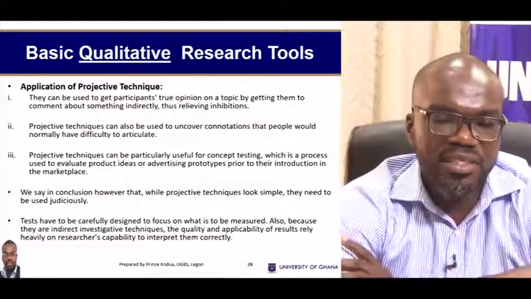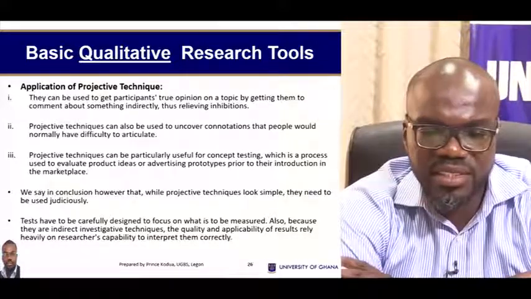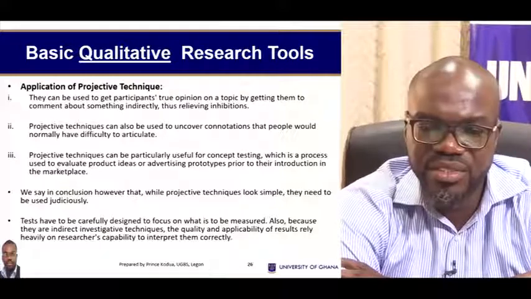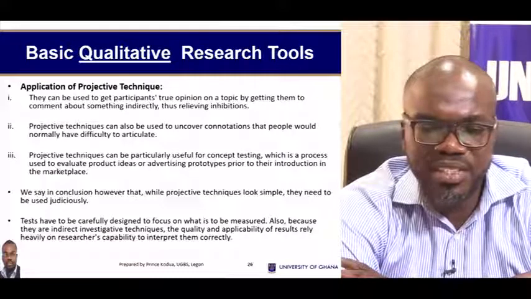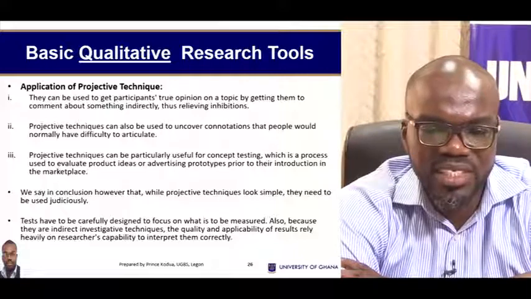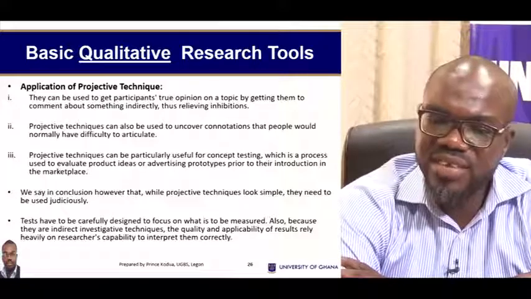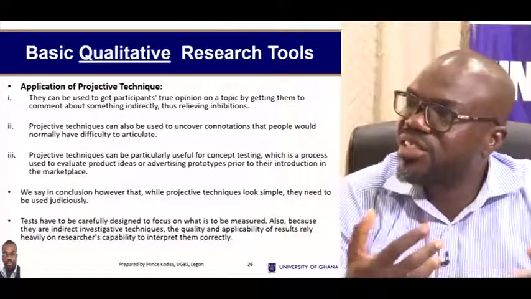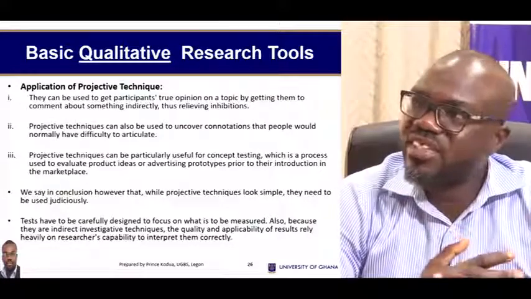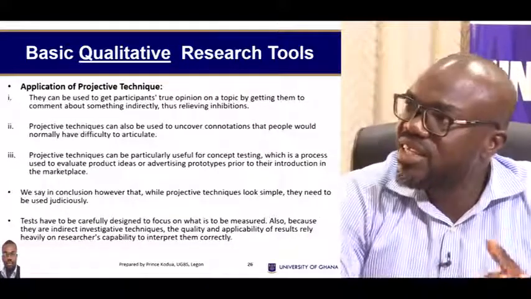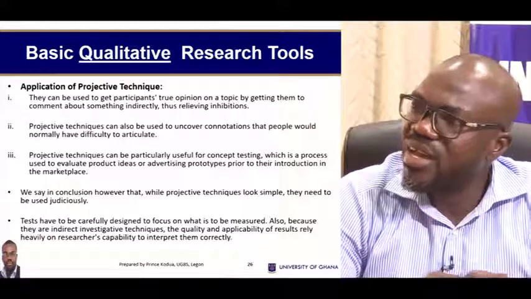One, it can be used to get participants' true opinion on a topic by getting them to comment about something indirectly, thus relieving inhibitions. Once the questioning is not direct, all inhibitions become missing.